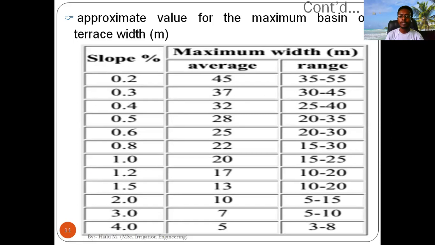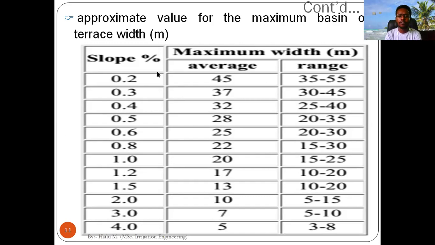So the approximate value for the maximum basin terrace width is stated in this table. As you see, you only need to identify the slope of your agricultural land. Then you can use this standard table and make the width of your basin in this range.